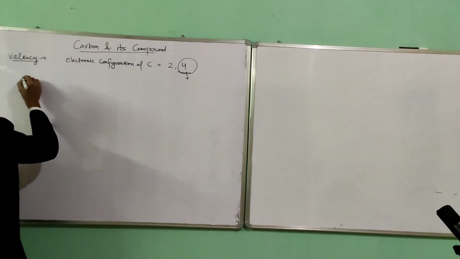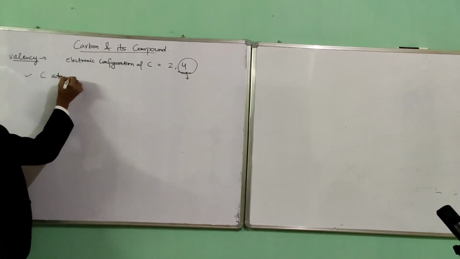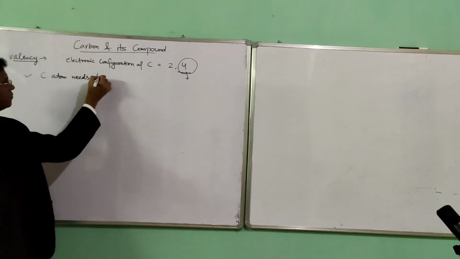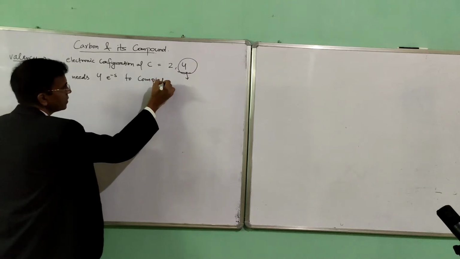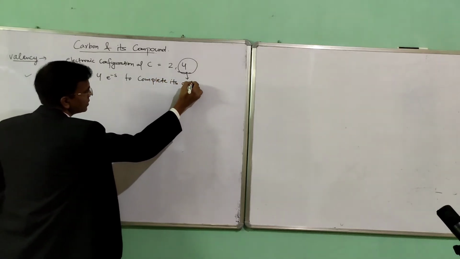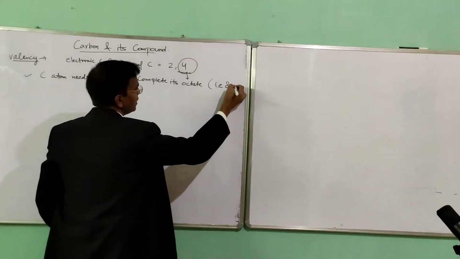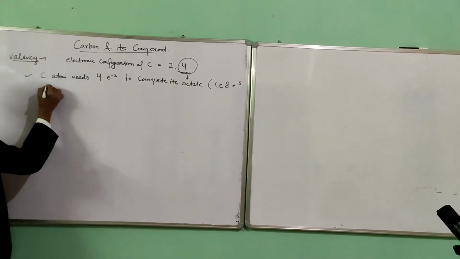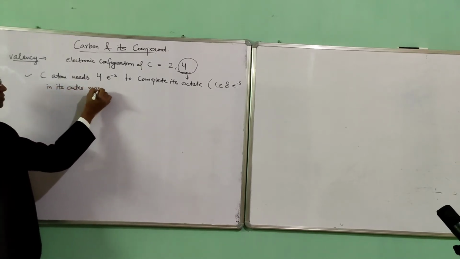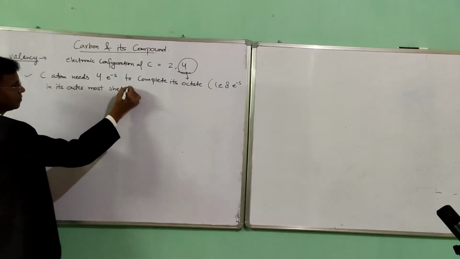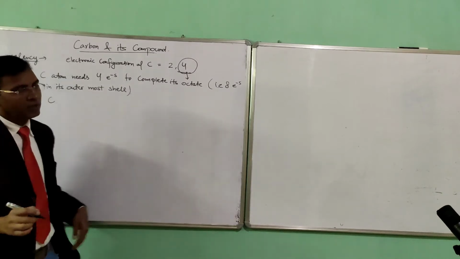So the carbon atom needs 4 electrons to complete its octet, and octet means 8 electrons in its outermost shell. The carbon has 4, and it needs 4.